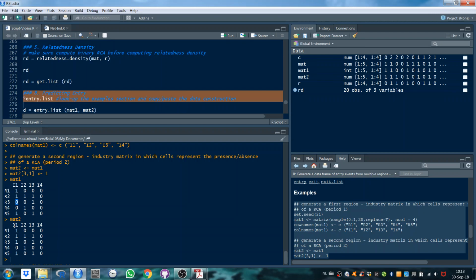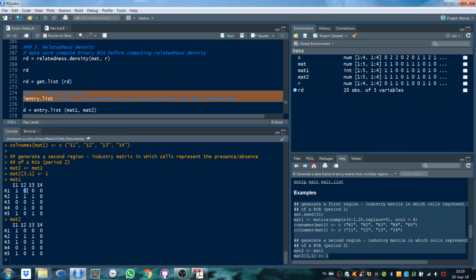And what we see in the second time period is that region 3 has basically entered. What you see also here is that region 1 was specialized in industry 1 in time t, and in t plus 1 it's still specialized. So there is no entry, but there was no entry possibility, it just maintained.